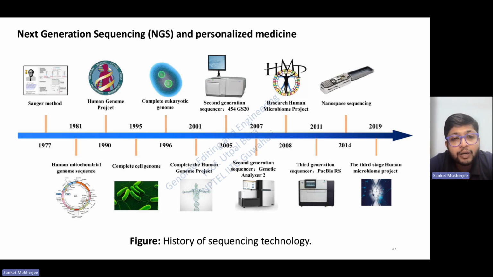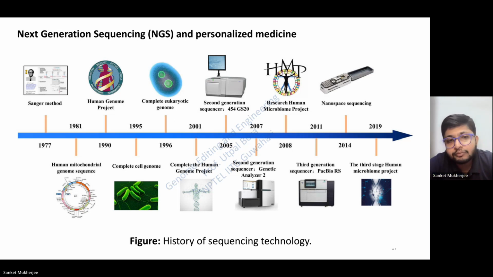In 1981, the Human Mitochondrial Genome Project was done. The human mitochondrial genome is relatively smaller in size, because it has an endosymbiotic origin, it is similar to prokaryotes. The genome size is smaller. So we started by sequencing the mitochondrial genome first, and then the human genome was sequenced.